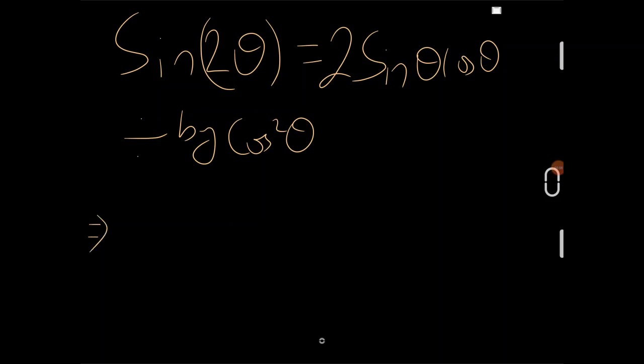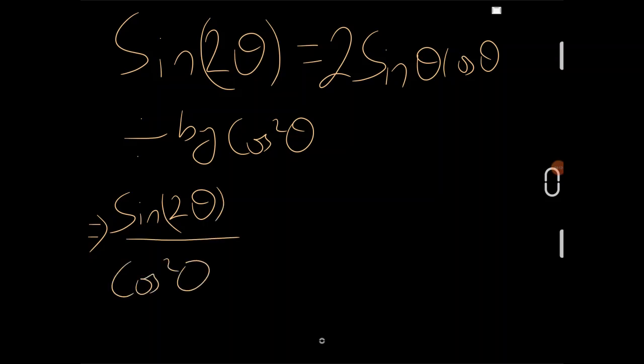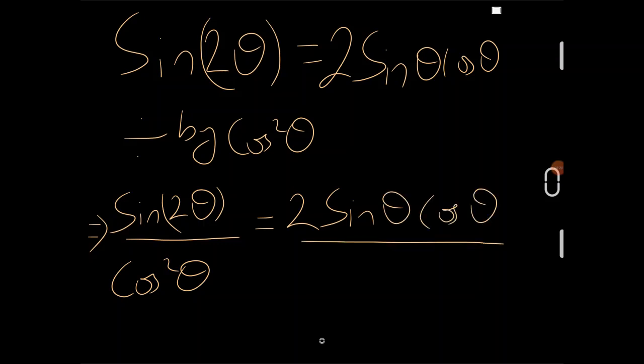This implies sin 2 theta divided by cos square theta is equal to 2 sin theta cos theta divided by cos square theta.